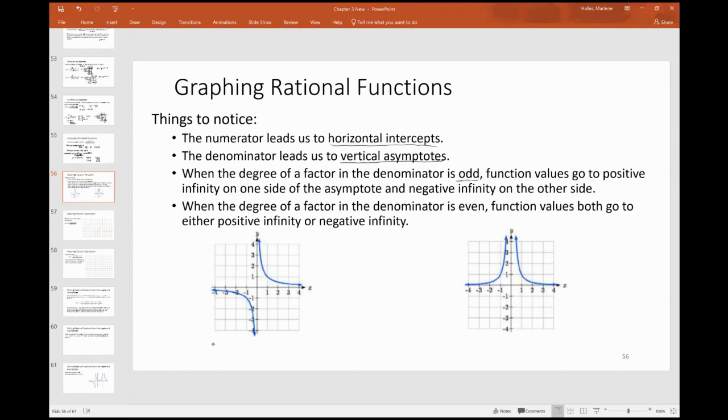So this first example is an odd degree factor, or the multiplicity is odd on the factor that leads to this first one. And the second one over here has an even degree factor, like maybe 2 or 4.